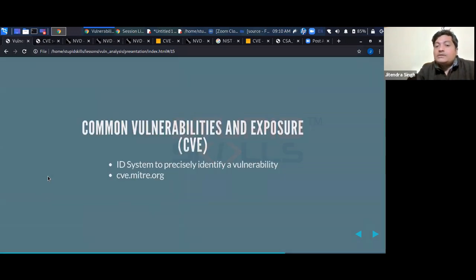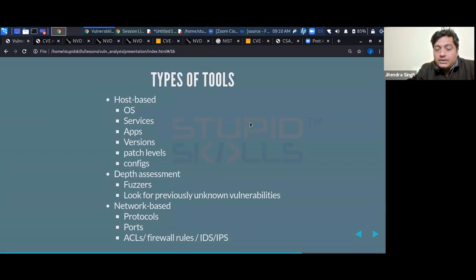So normally this CVE that I was telling you actually helps us in identifying a vulnerability precisely. And the website is cve.mitre.org. So you can have a much more detailed look whenever you have some time for the same. Okay.